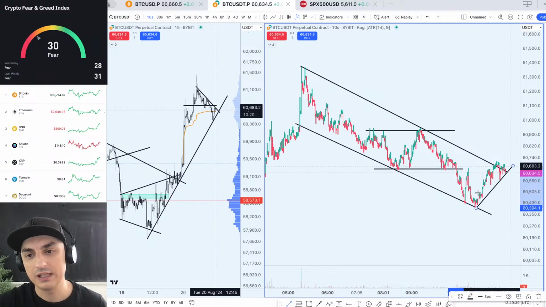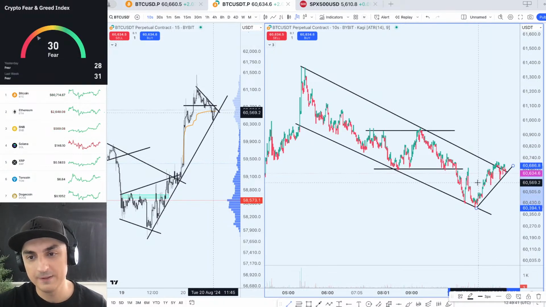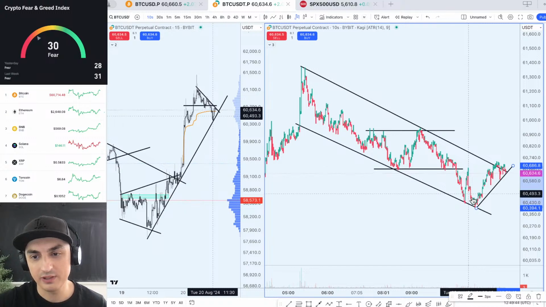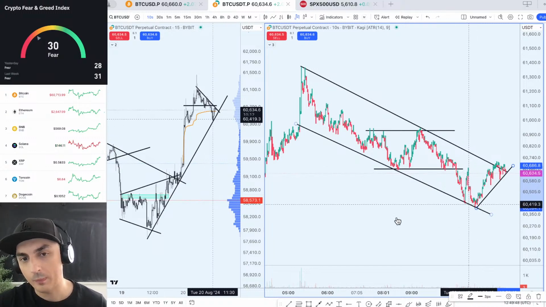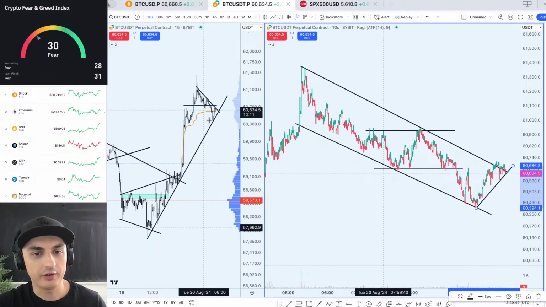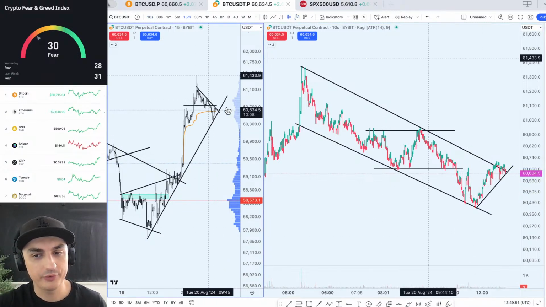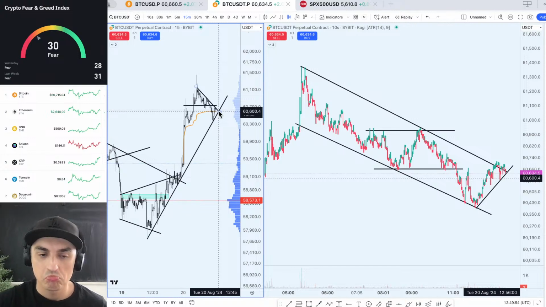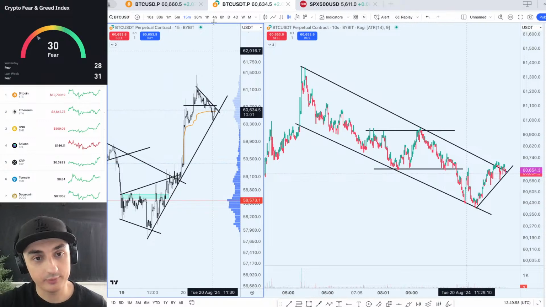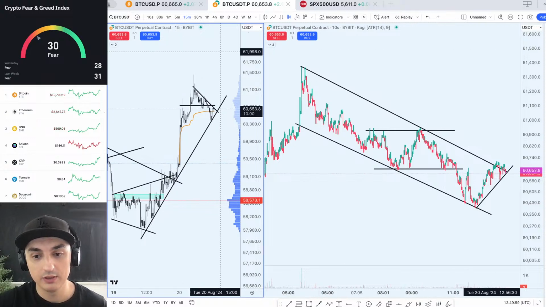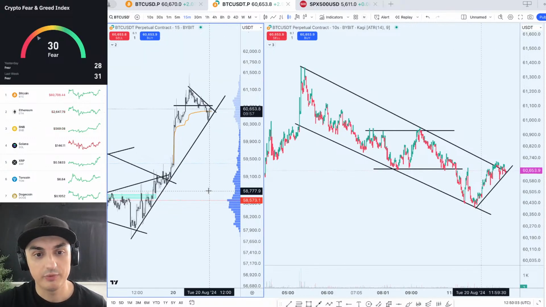Got small support line over here. So basically not something amazing to trade right now. We are really close to support line. We are really close to resistance line. That's kind of a lot of influence over here in this area. So let's wait how it's going to react over here.